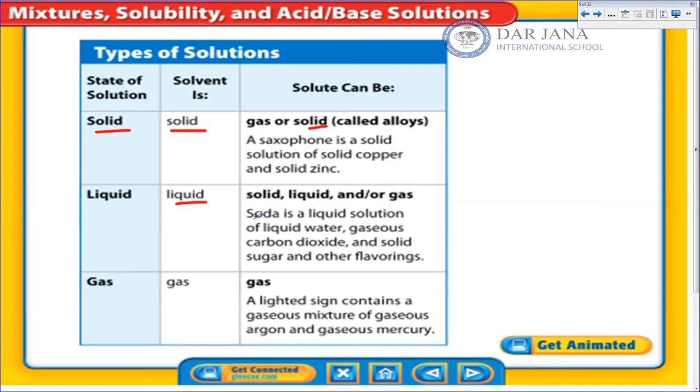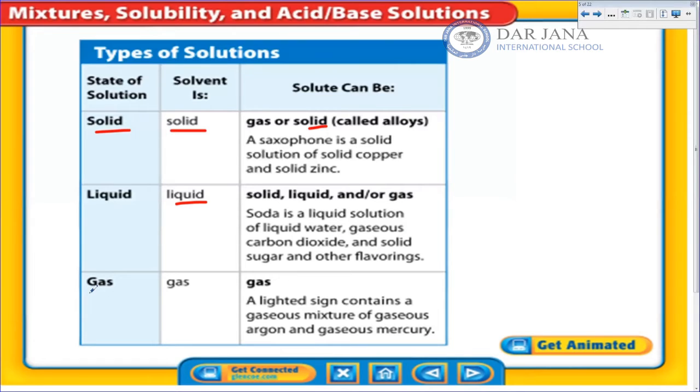For example, soda is a liquid solution where the liquid here is water, and we can dissolve in it a gas, for example, gaseous carbon dioxide, and a solid also, which is sugar and other flavors, of course. So in a liquid solution, the solvent is liquid, and the solute can be either solid like sugar, or liquid, or gas like carbon dioxide.